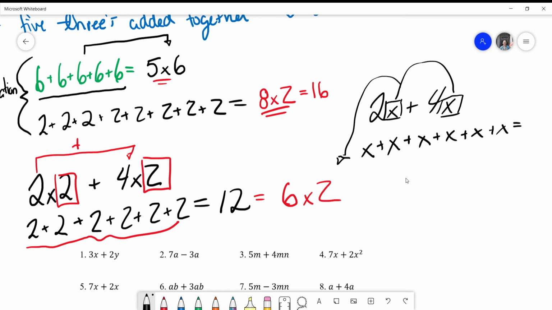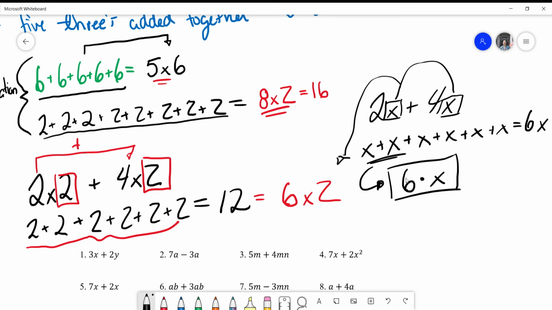So you just count up the x's as 1, 2, 3, 4, 5, 6 x, which is the same thing as writing 6 times x. So we're changing this represented as addition to this being represented as multiplication.